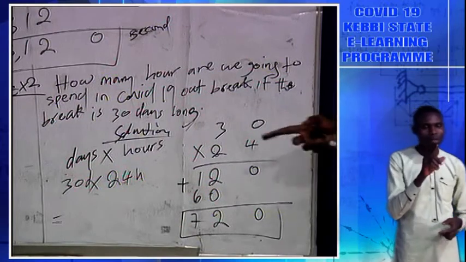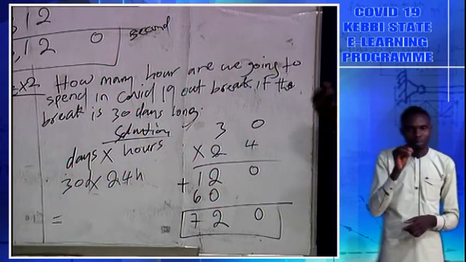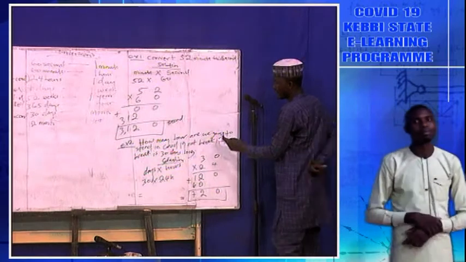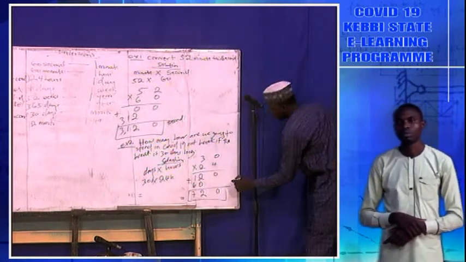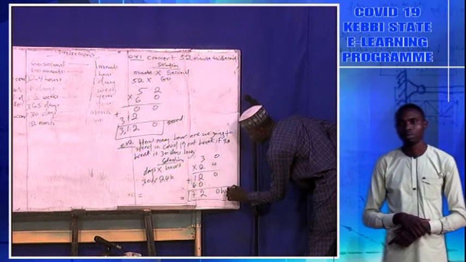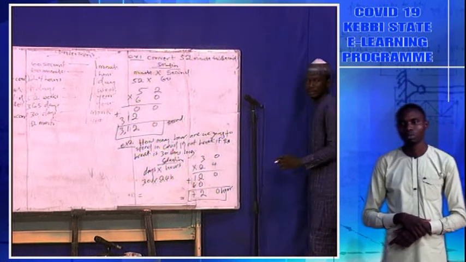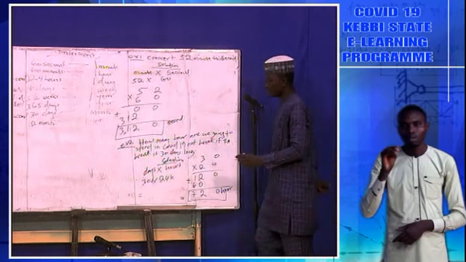720 is what? Is it days, hours, minutes, or seconds? We converted our days to hours. So this means that we have 720 hours. I hope you are with me.